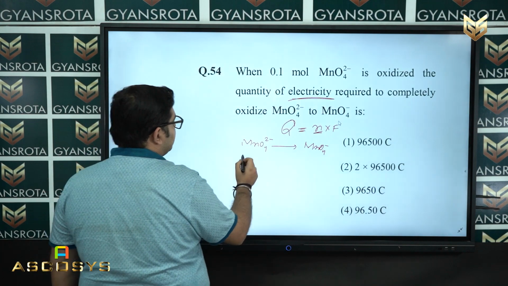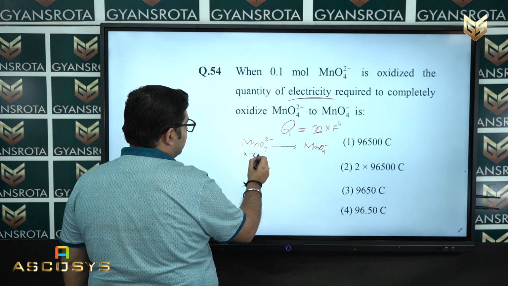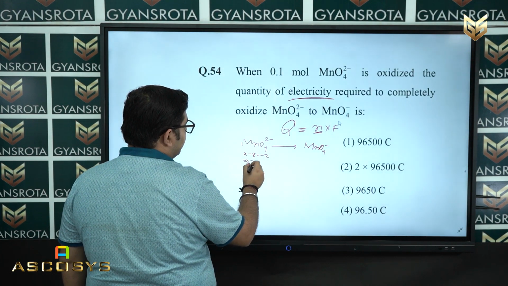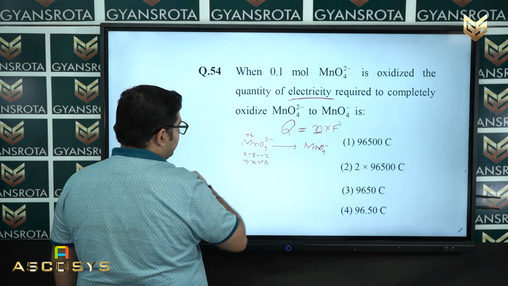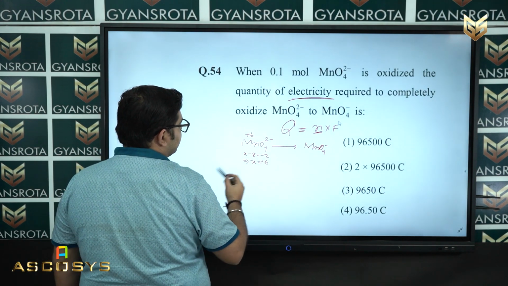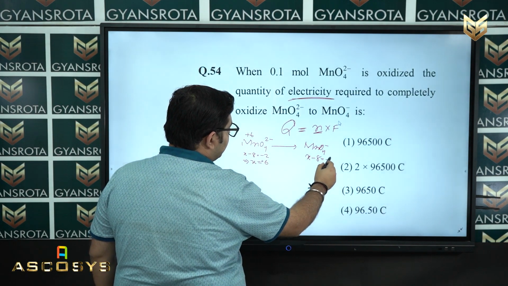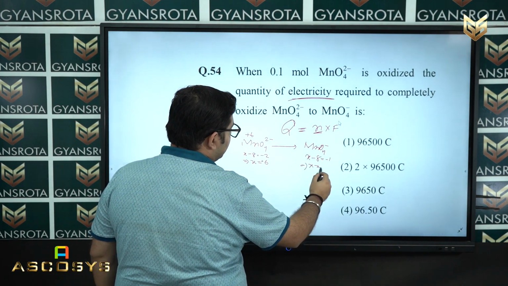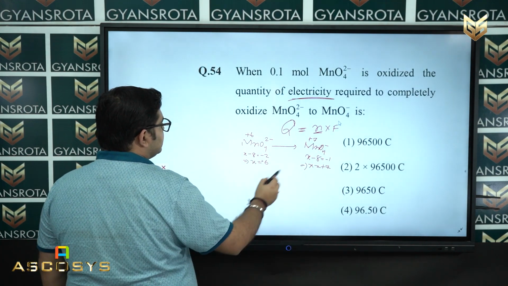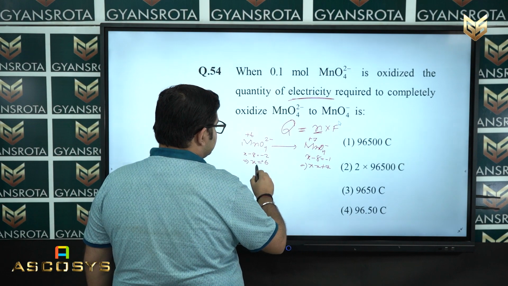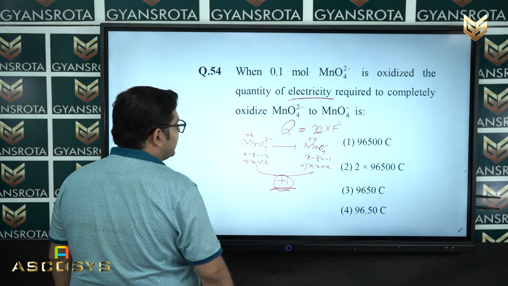If I find the oxidation state for this one, X minus 8 equal to minus 2, so X will end up as plus 6. So the oxidation state of manganese in MnO4 2 minus is plus 6. Now for this one, X minus 8 equal to minus 1, so X is equal to plus 7. So how much is the oxidation number change? We find plus 1 change.